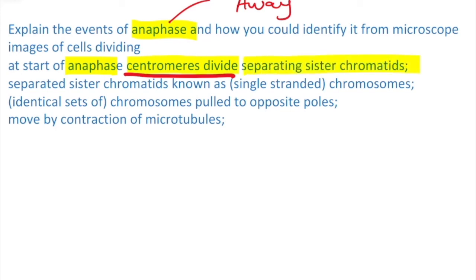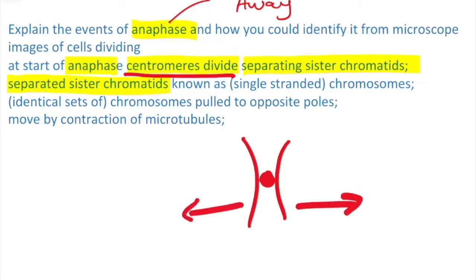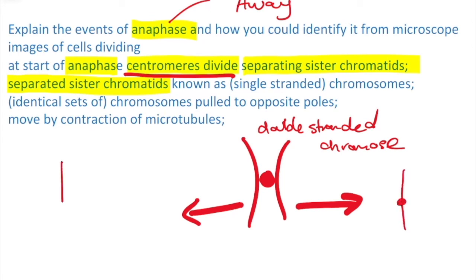The separated sister chromatids, once they have separated, and this is again a confusing bit of terminology, so once the sister chromatids have been pulled apart, this was a double-stranded chromosome, we could just say was a chromosome. We only know them as sister chromatids when it's a double-stranded molecule.